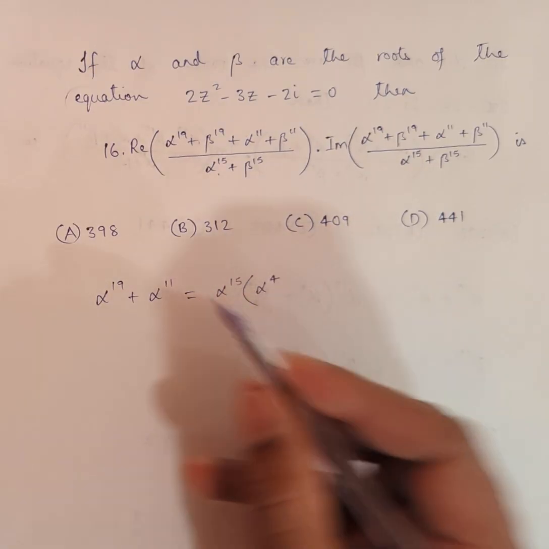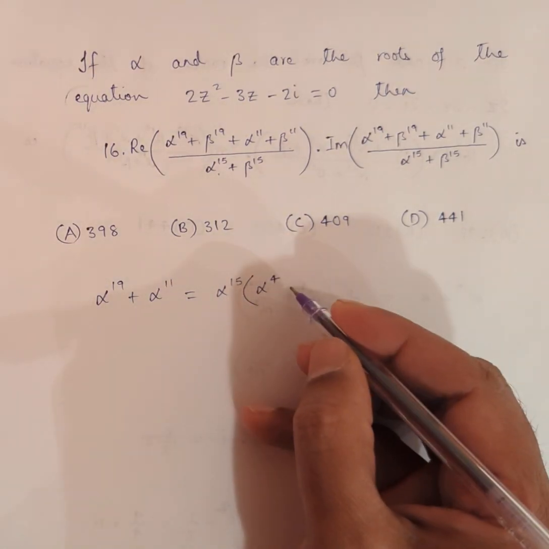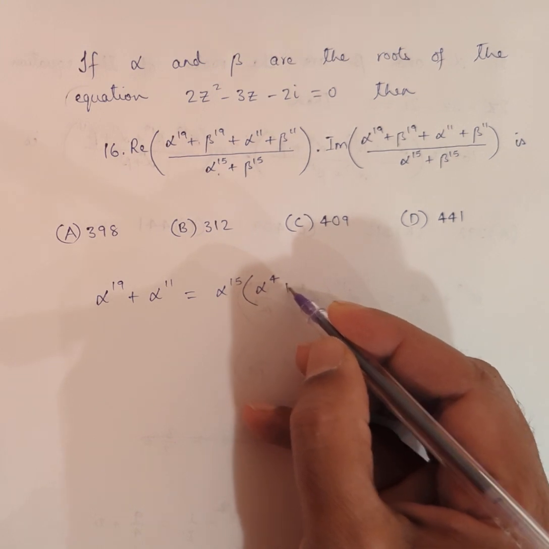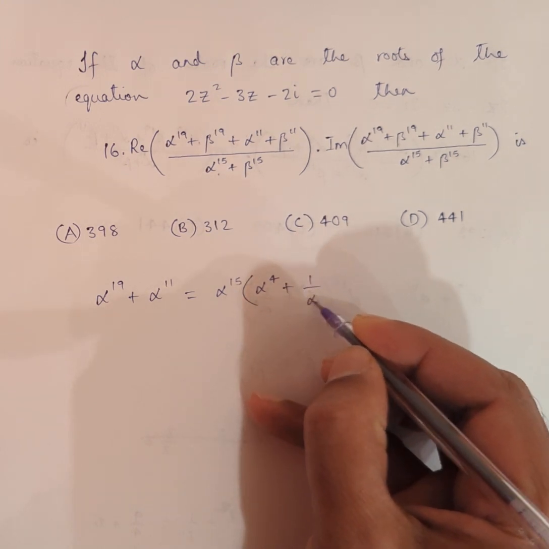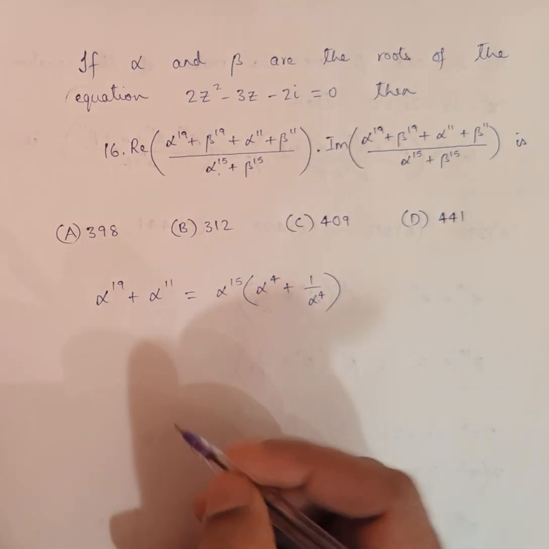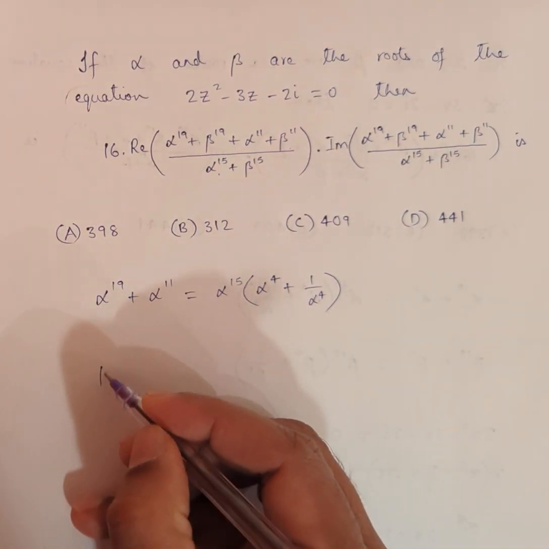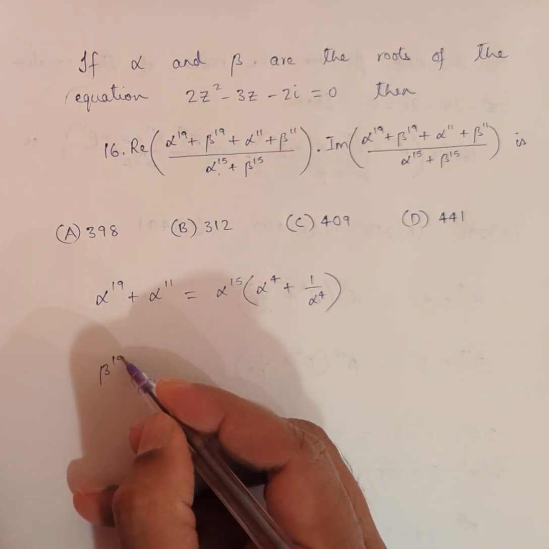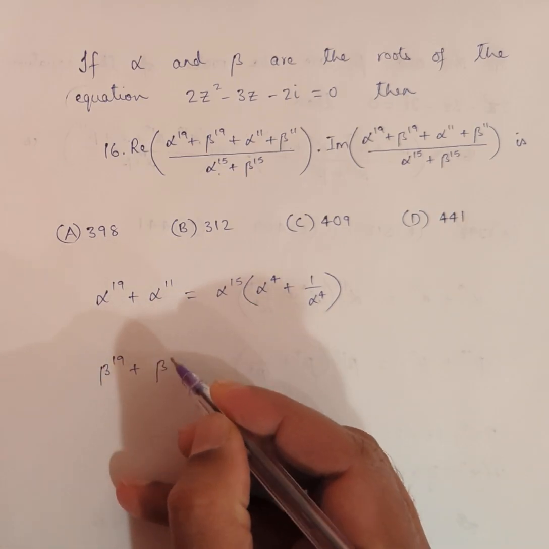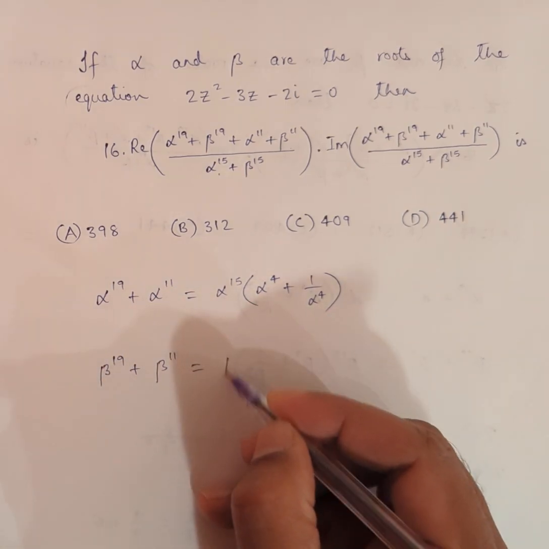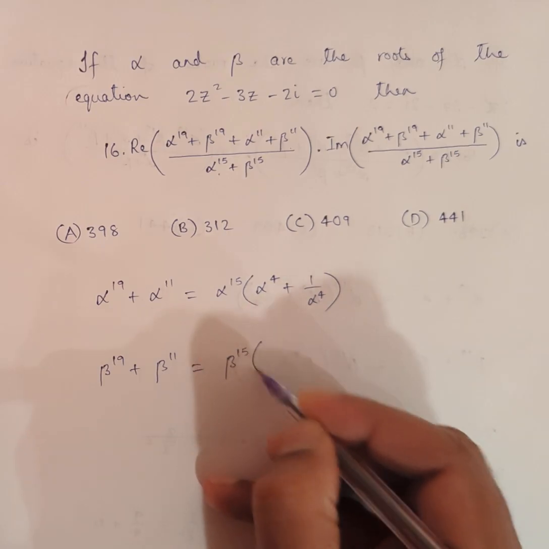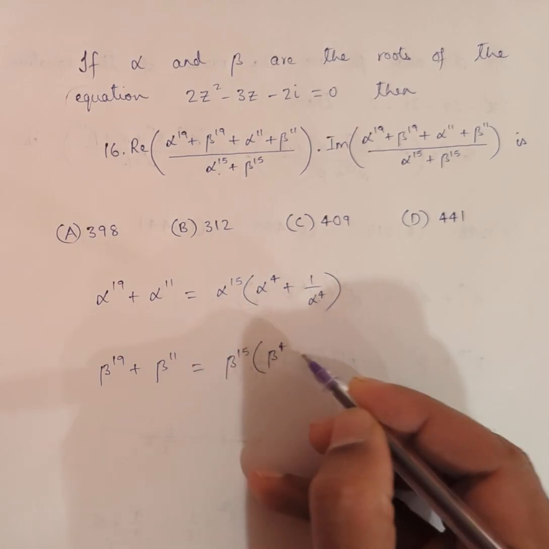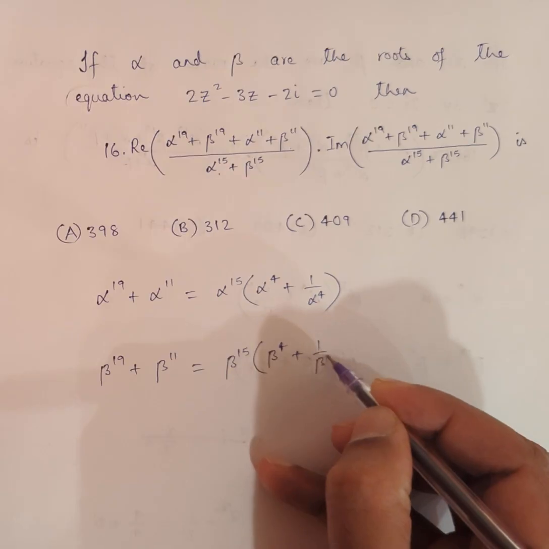You can factor alpha to the 15, and then here you would have alpha to the minus 4, or let's write this as 1 over alpha to the 4. And similarly, we can rewrite beta to the 19 plus beta to the 11 as beta to the 15 times beta to the 4 plus 1 over beta to the 4.